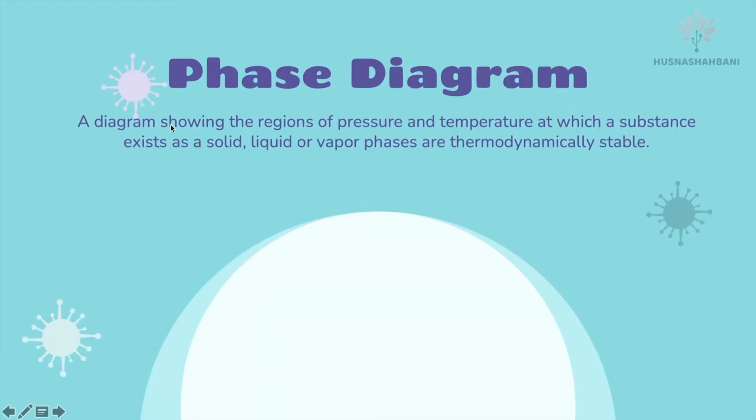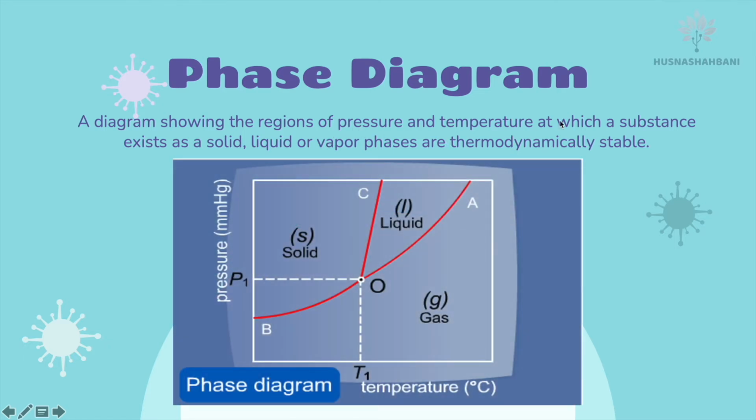Phase diagram: a diagram showing the regions of pressure and temperature, pressure on the y-axis, temperature on the x-axis. So this diagram shows the region in which a substance exists as solid, liquid, or vapor or gas. Phases are thermodynamically stable.